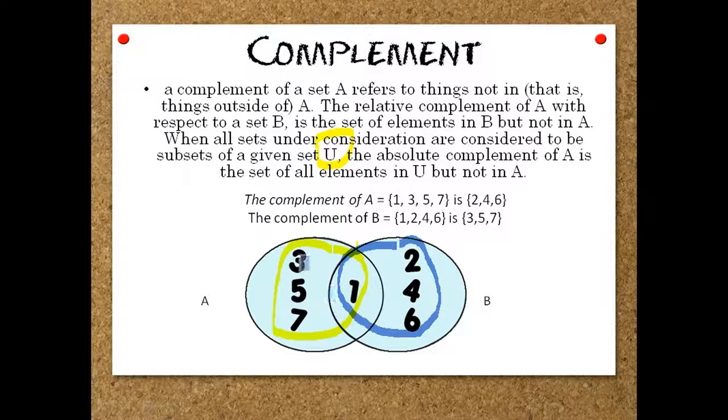So this is the complement of A, which is 2, 4, 6, and then the complement of B, which is 3, 5, 7. Still, we're not going to use the number 1, because number 1 is inside the complement of B and inside the complement of A. As easy as that, we're just going to pick the elements outside of a given set.